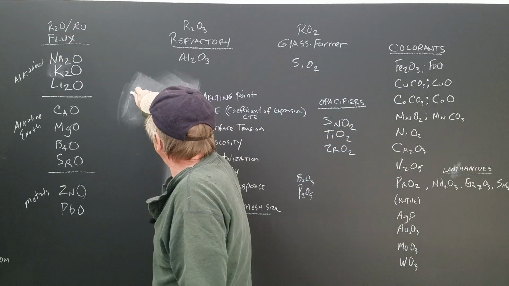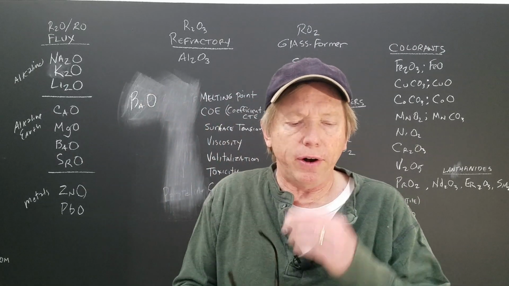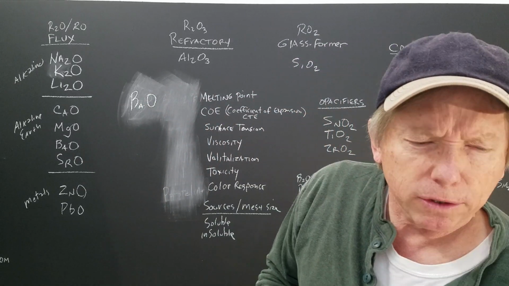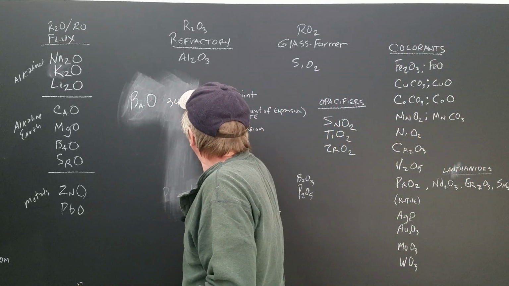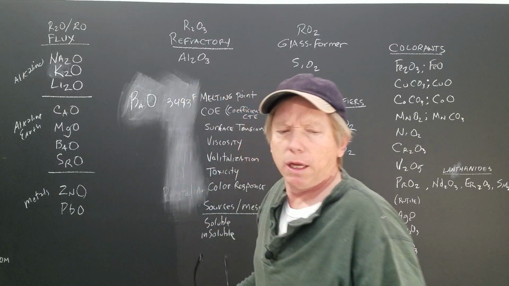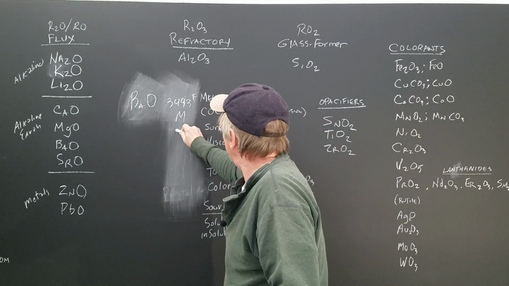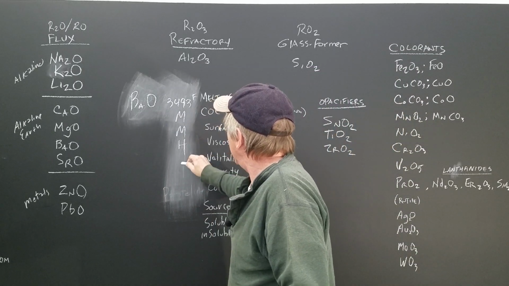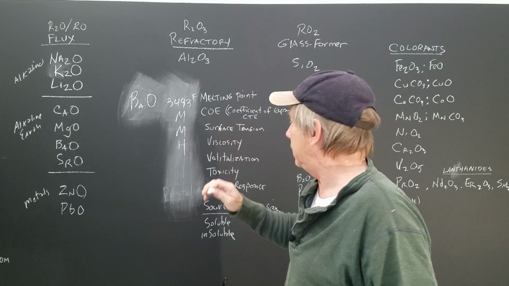All right, now we're going to do barium. And barium melts at 3493. It has a medium coefficient of expansion, a medium surface tension, high viscosity. It can produce stiff glazes.